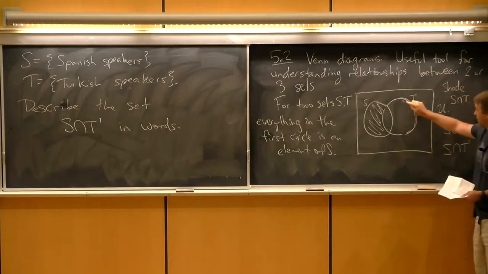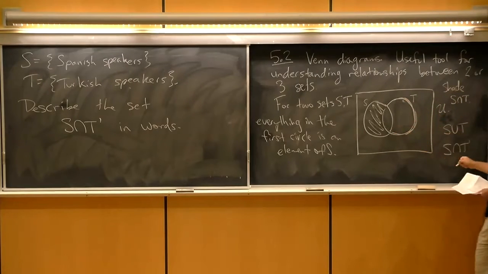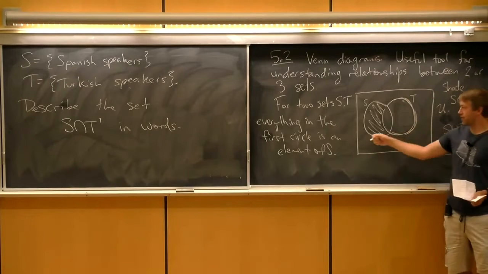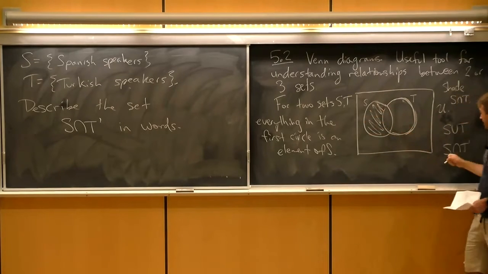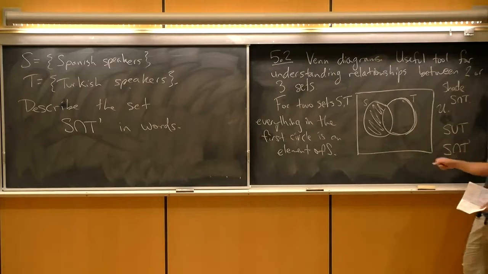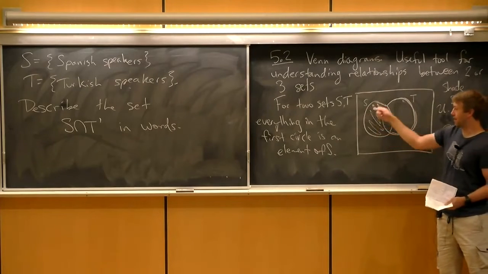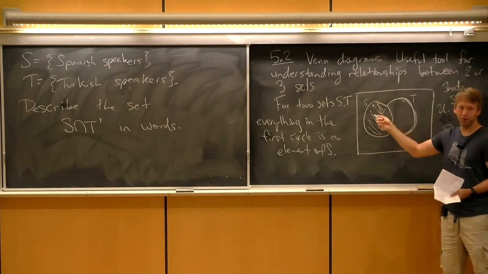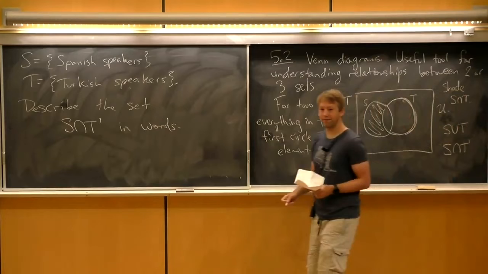So this would look like that because it's all of the things in S. Basically, if you reason out what this means, it's all the things in S that are not in T. So it's things that are in S and not in T, which would just be this kind of moon-looking thing.